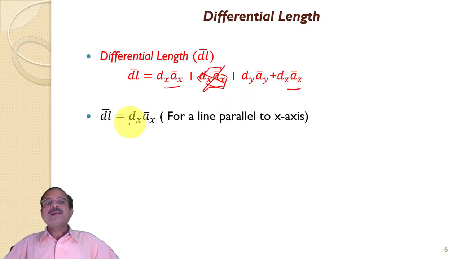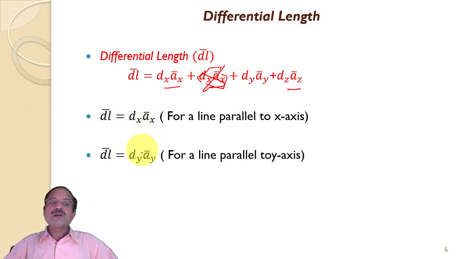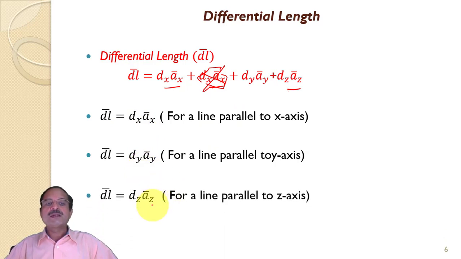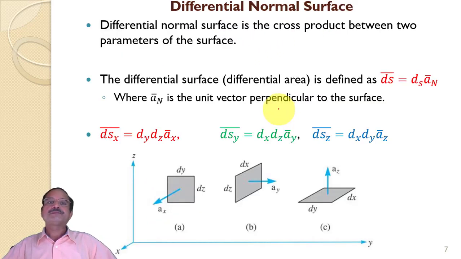Now the differential length is a vector quantity. So the x component is dx ax bar, as we already discussed, the y component is dy ay bar, and the z component is dz az bar. This is the differential length we need to find the line integral.